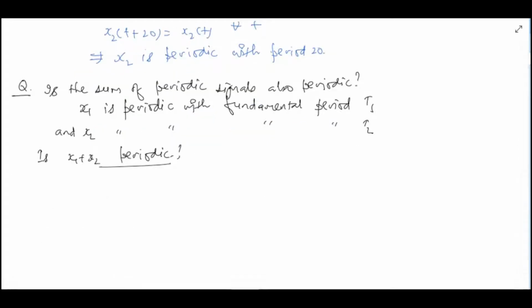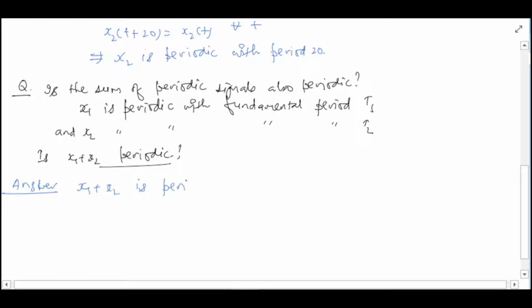Here is the answer. x1 + x2 is periodic if and only if T1/T2 is rational.